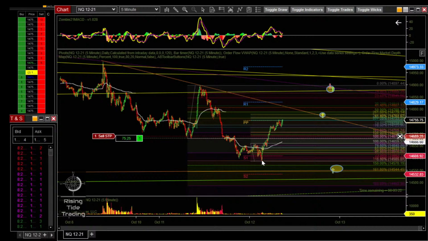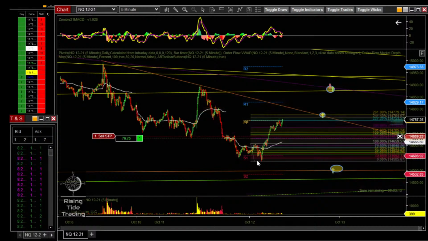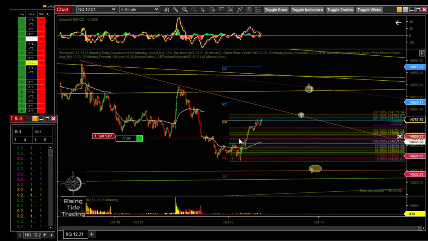Okay, so that's what I was talking about. If we don't have a trend line here, I guarantee you we're gonna have a fib that would support a turnaround. It would not come from nowhere. We're not gonna turn for no reason.